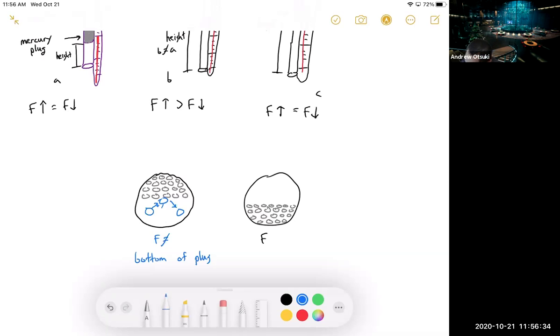And now the blue particles will look like this, bouncing off and hitting the surface, causing a pressure, right? And we say that they're not equal, and this is the top of the plug. Okay, guys, so that's a particulate view of Charles' law.